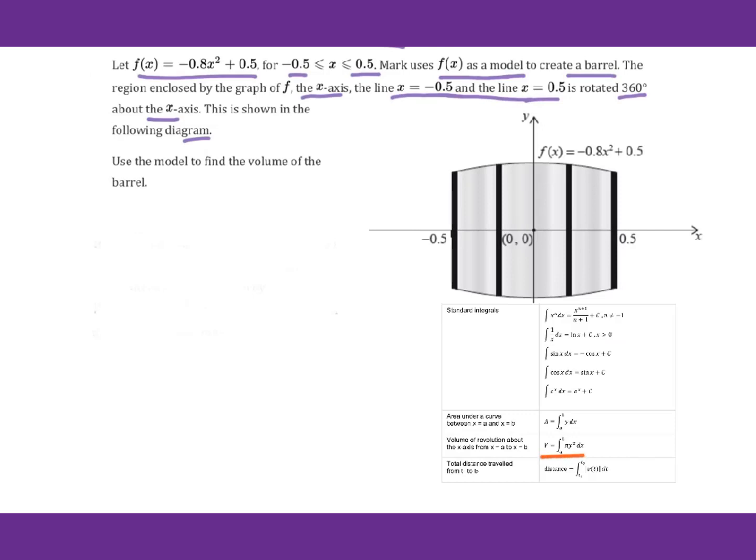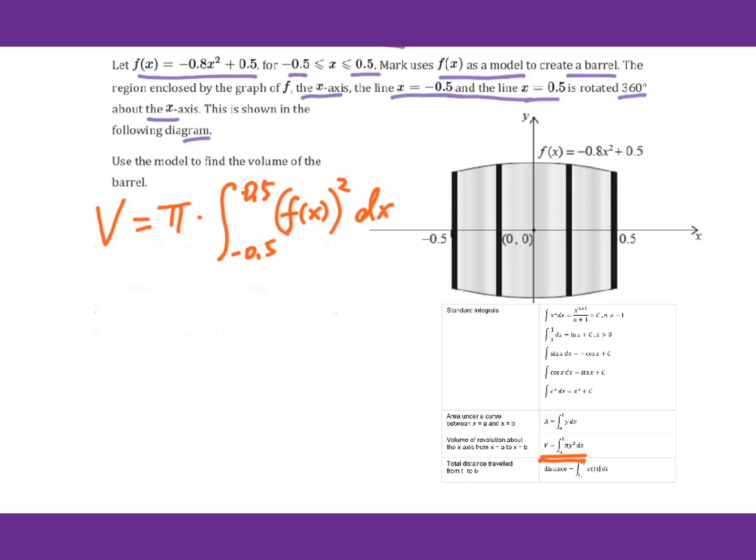In the formula for volume of revolution about the x-axis, volume equals pi times the integral from -0.5 to 0.5 of f of x squared.